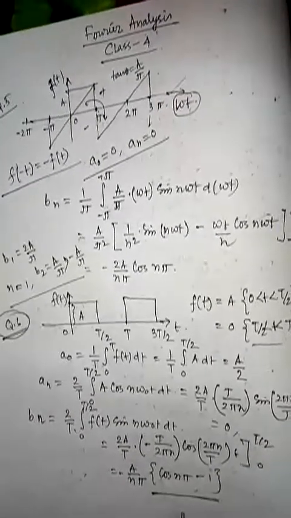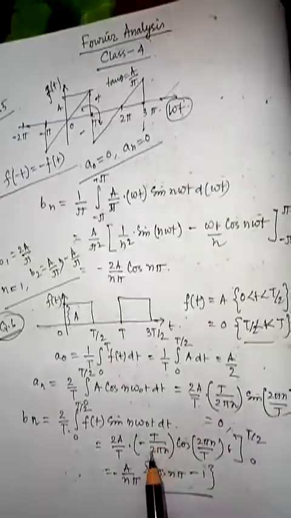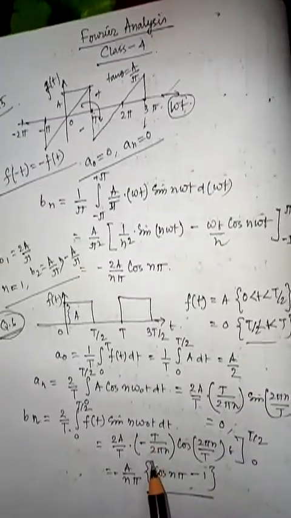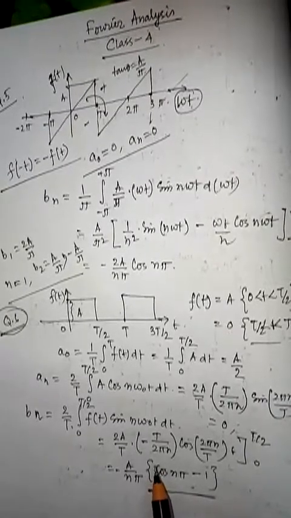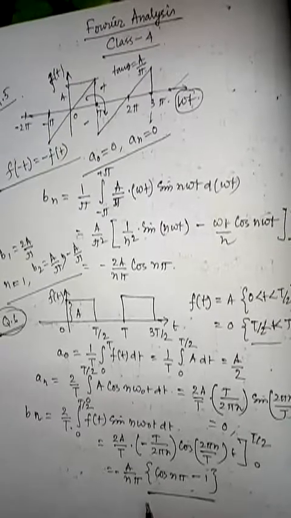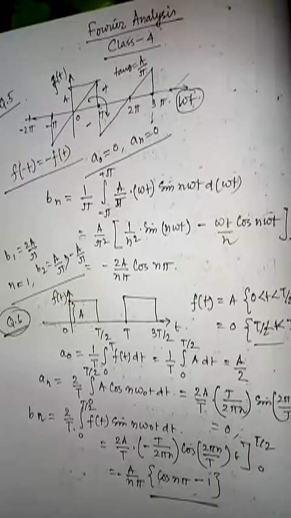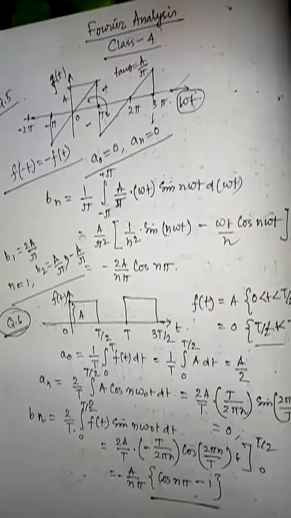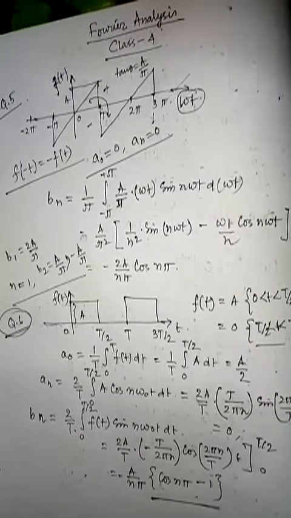So here we are not getting any an, we are getting the a0 and bn. So here the Fourier series we can easily construct by this. But one thing you have to keep in mind: if n is even, then bn equals 0, but if n is odd, then bn equals 2A by n pi.